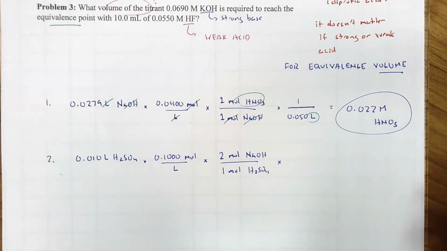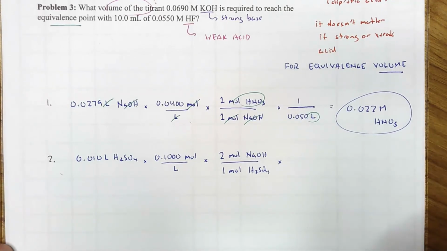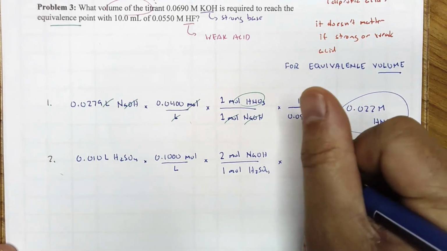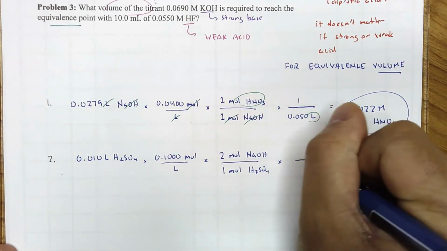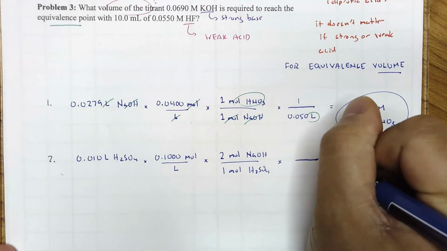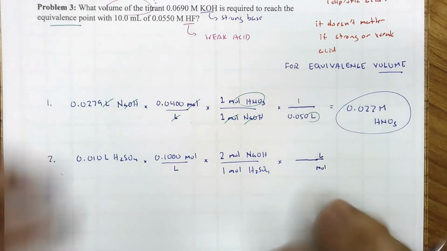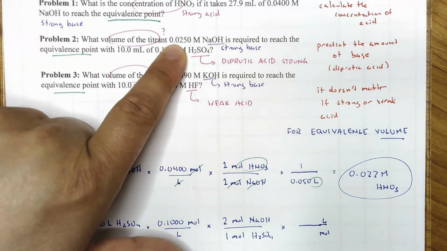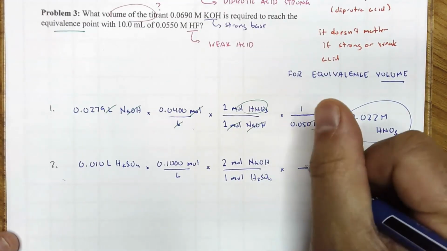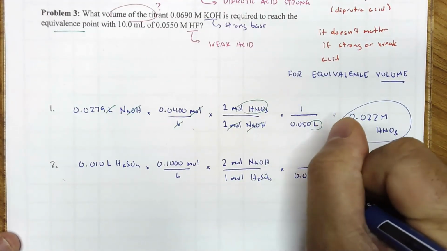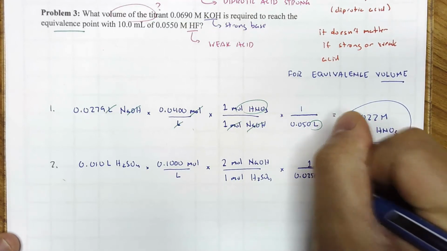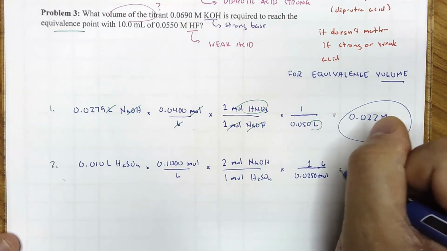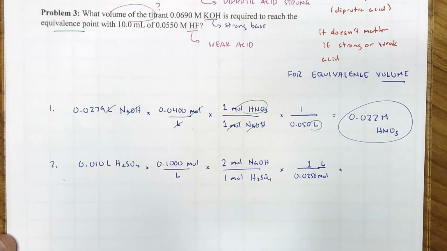So now we have moles of base. We want volume, so we need liters on top and moles on the bottom because we are given the molarity. Here we have 0.0250 moles per 1 liter. This will give me the volume in liters.